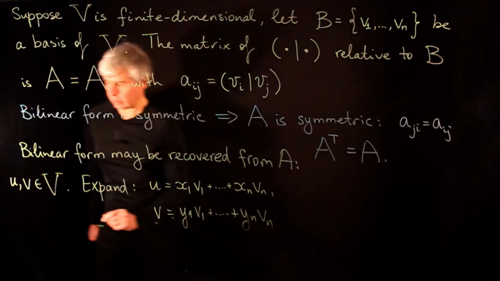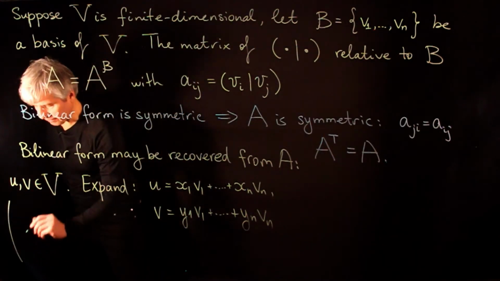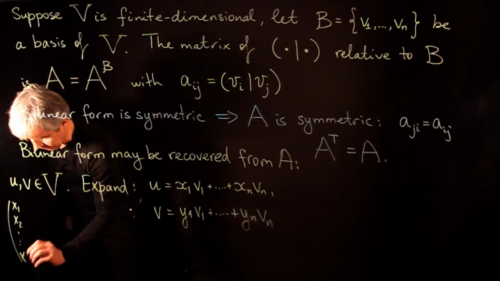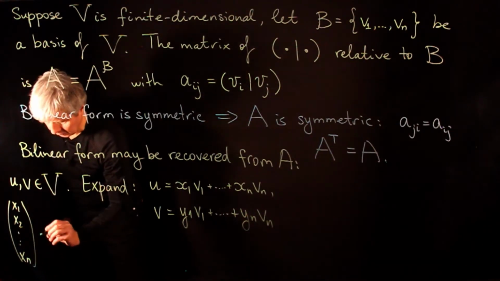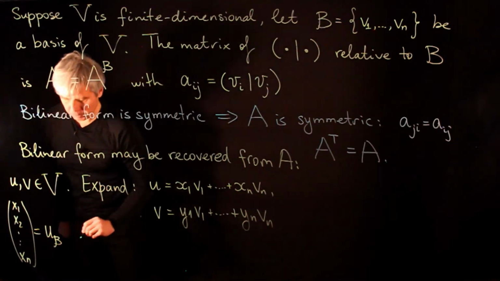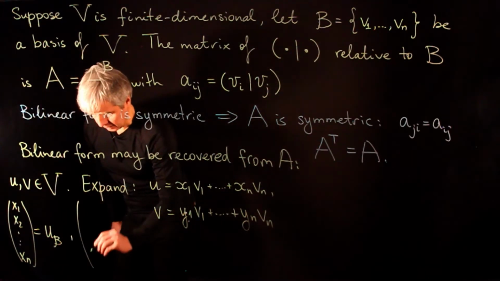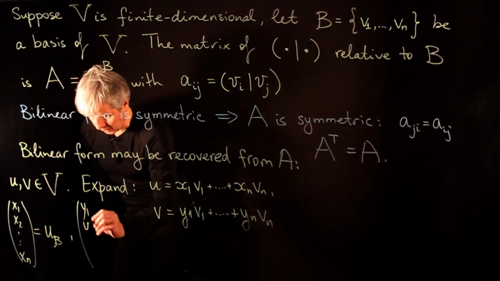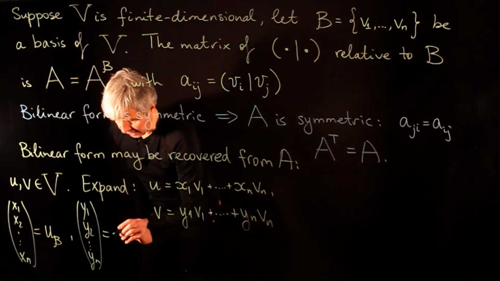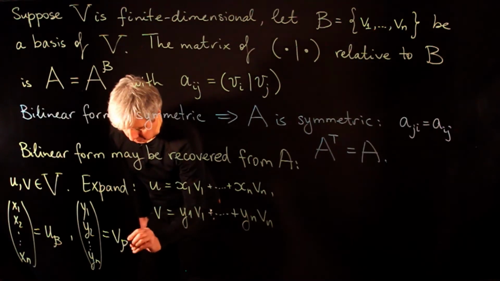And here the column vector x1, x2, ..., xn is the vector of coordinates of the vector u relative to the basis B, and the vector y1, y2, ..., yn is the coordinate vector of v with respect to B.